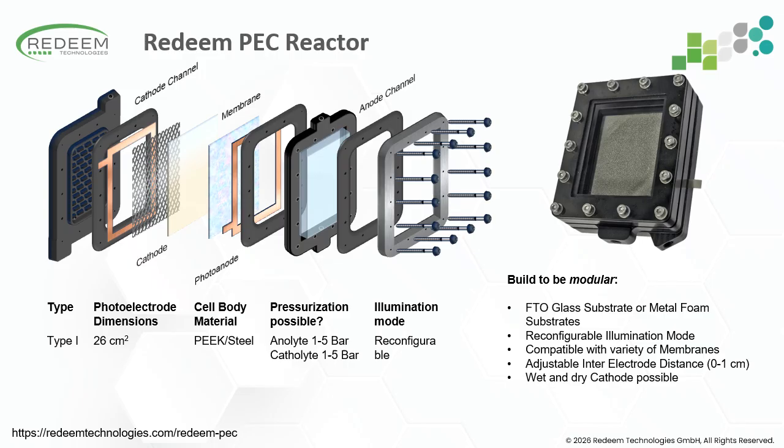So this makes it possible to investigate the influence of pressure on PEC performance, as well as differential pressure operation under realistic process conditions. Overall, the goal here was not to build a reactor optimized for one specific experiment, but rather a flexible research platform that supports a broad range of PEC reactor development studies.